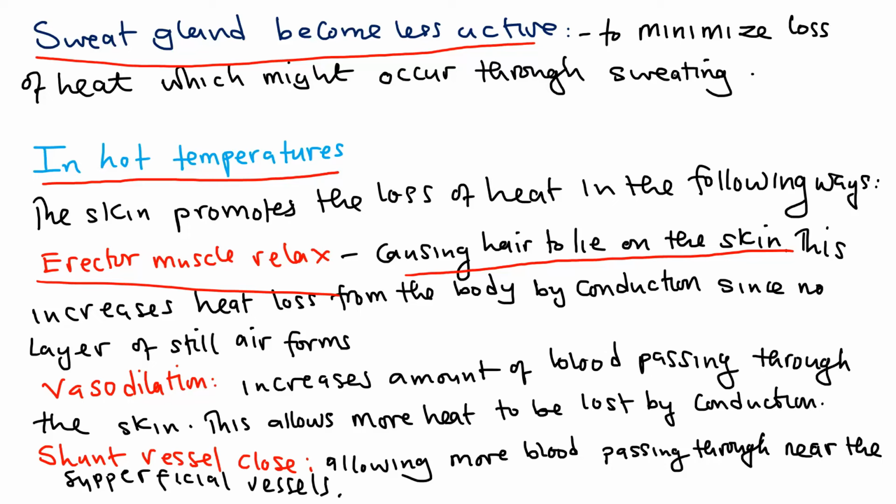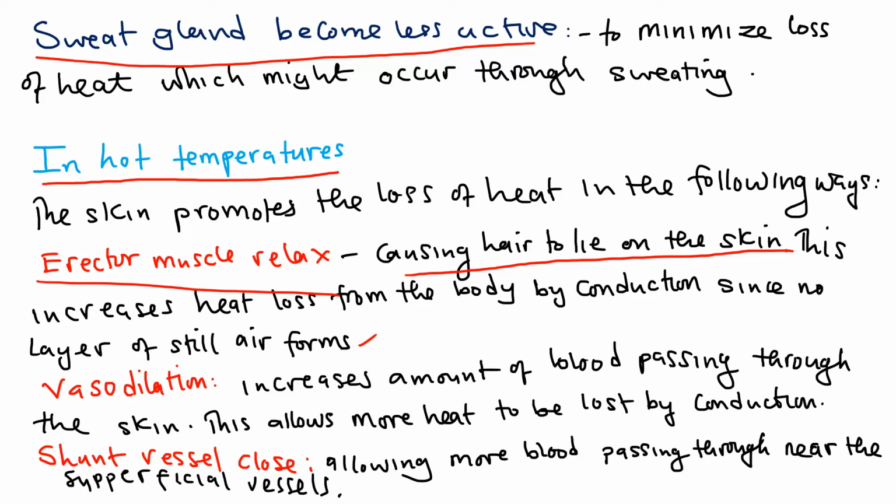So erector muscles relax, causing hair to lie on the skin. This increases heat loss from the body by conduction, because no layer of still air forms. The other way is vasodilation.